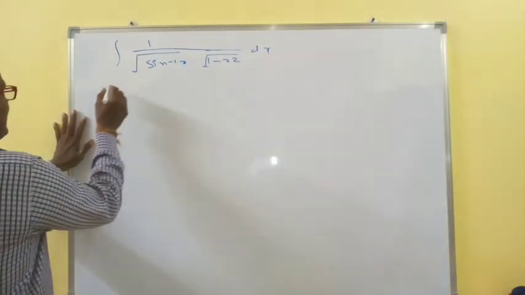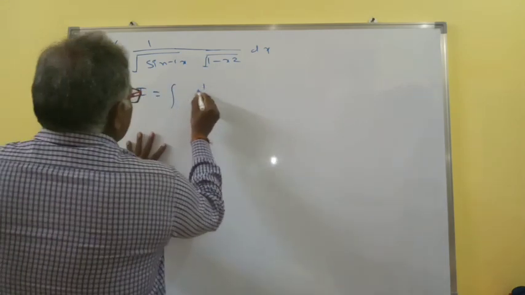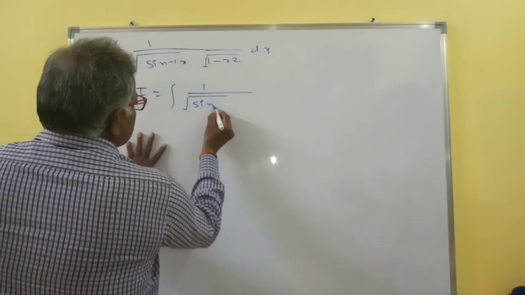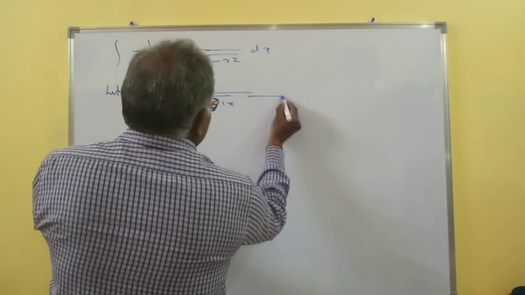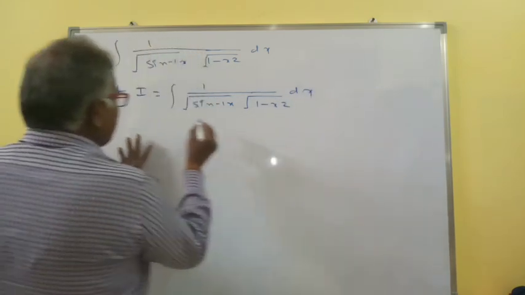So first of all, you should write here, let I is equal to the given problem, 1 by root of sin inverse x into root of 1 minus x square dx. So this is the given problem.